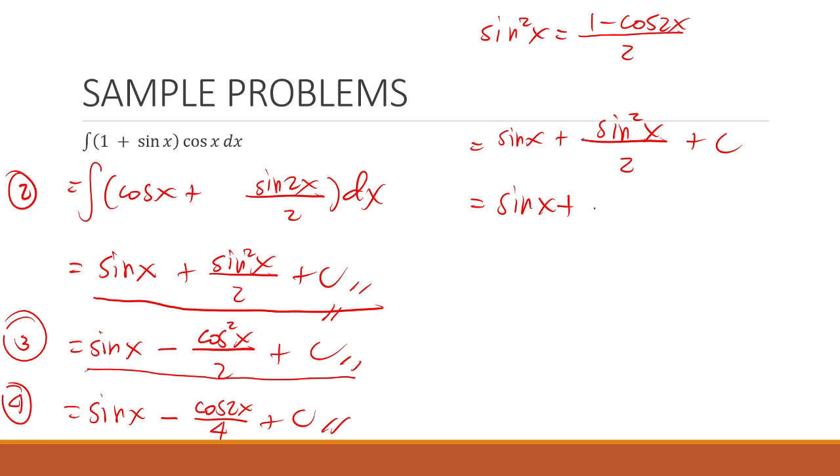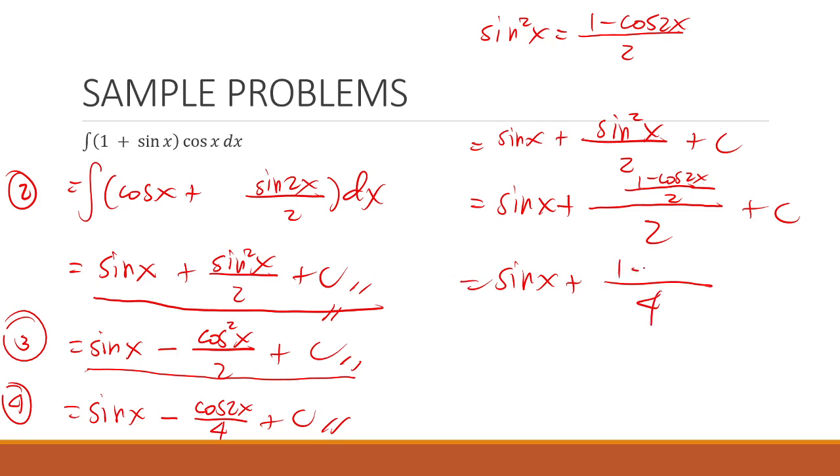So, plug in natin ang double angle identity. So, 1 minus cosine 2x all over 2 plus c. So, sine x plus, so itong 2 sa denominator in the overall na numerator can be transferred in the overall na denominator, diba? So, 2 times 2 is 4. Then, 1 minus cos 2x plus c.